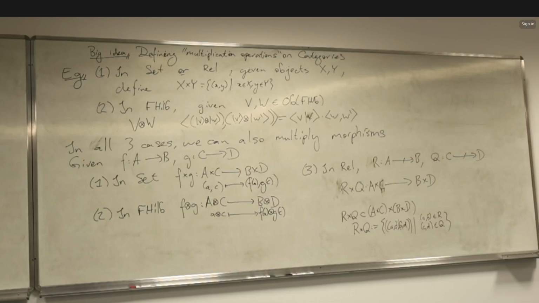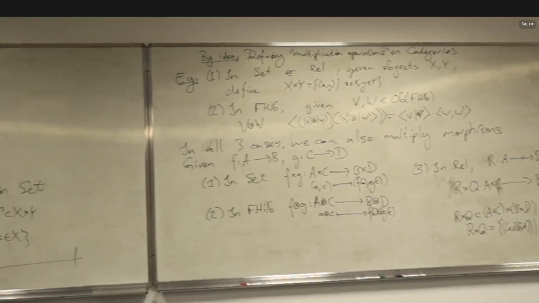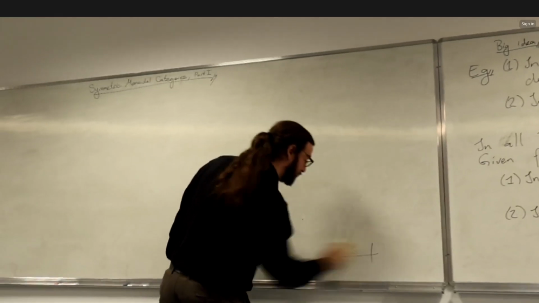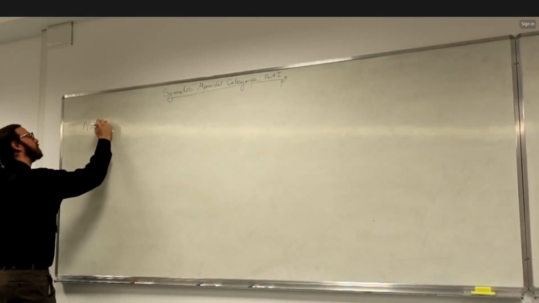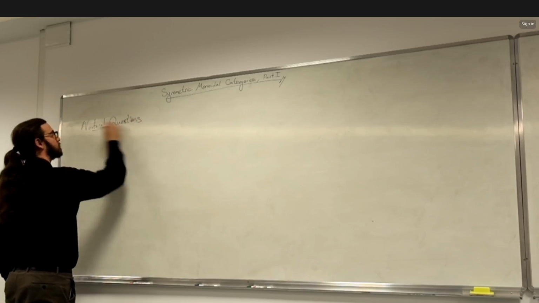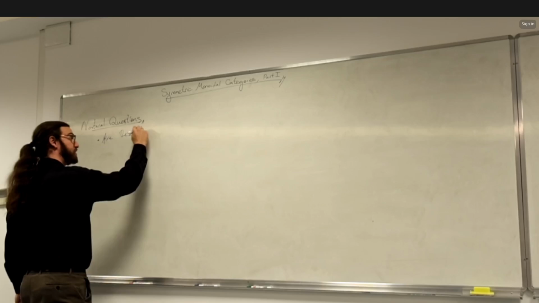And I don't know about the rest of you, but when I see something that looks sort of like a monoid or a multiplication operation, there are effectively 3 questions that I ask myself about it right off the bat. So these natural questions are, well, are these associative?